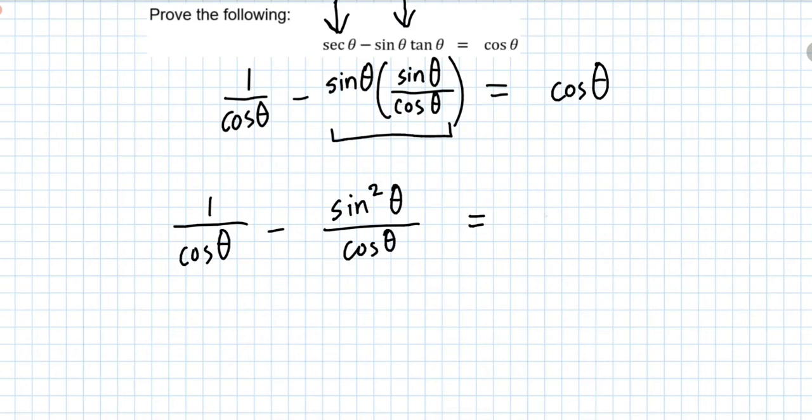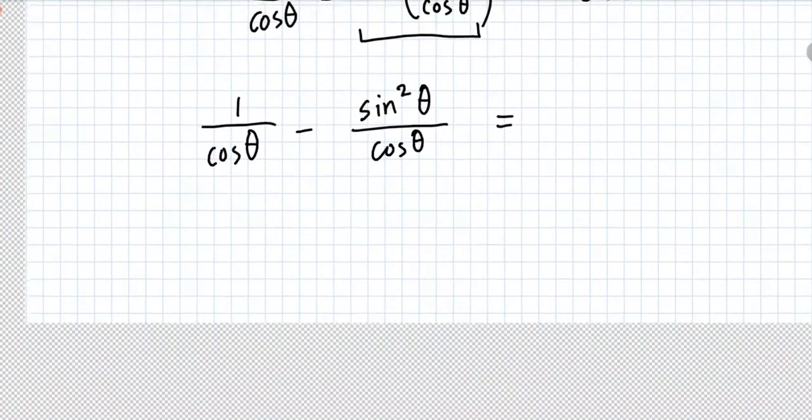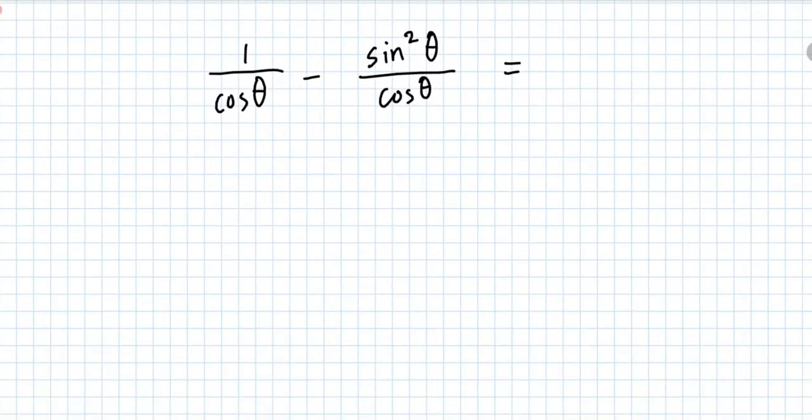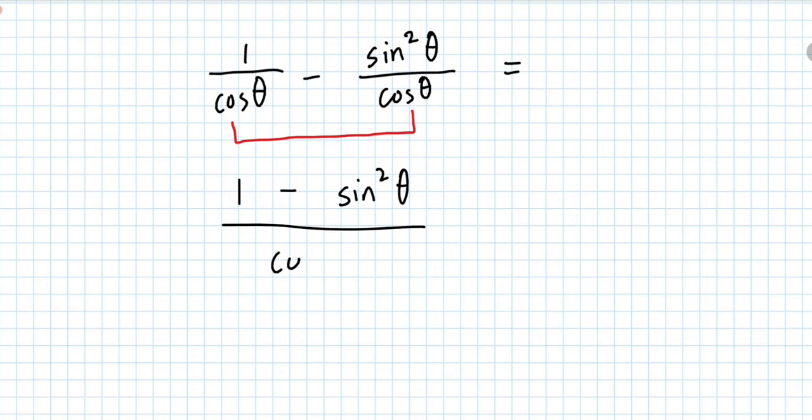And that's equal to our right side, which we haven't changed. So similar to the other example we did, you're going to start to see something happen here. And that's these two terms have a common denominator. Since they have the common denominator, you can just simply write it as 1 minus sine squared theta all over cosine theta. Okay, and that's equal to our right side.